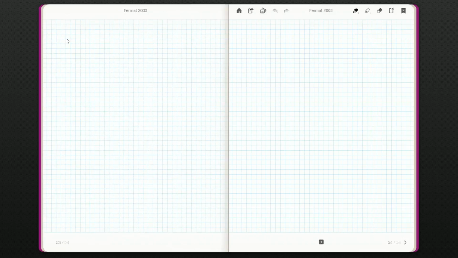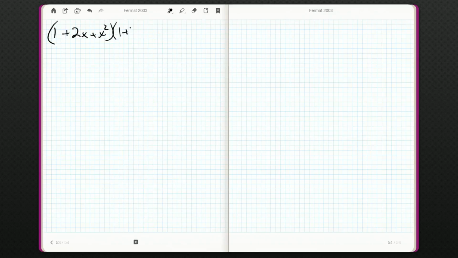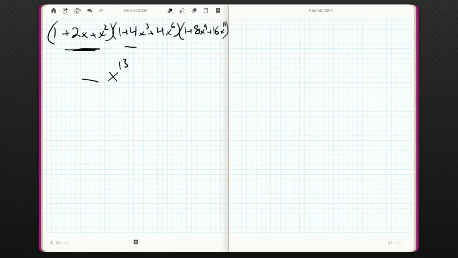Now, I need some more space, so we'll just copy this down again. (8x to the 9) and then 16x to the 18. Okay. Now when we do this, to make a something x to the 13, I'll need to take something from here, multiply it by one of the terms from here, and multiply it by one of the terms from here.